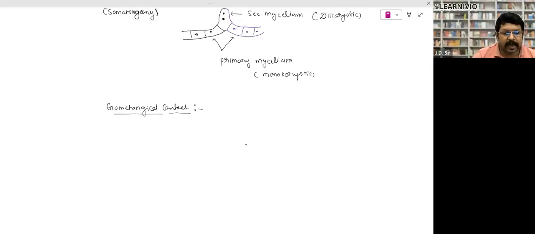So suppose that there is a hypha. Now this process will take place in the same one. So this is mycelium or hypha. Let's say it's mycelium.